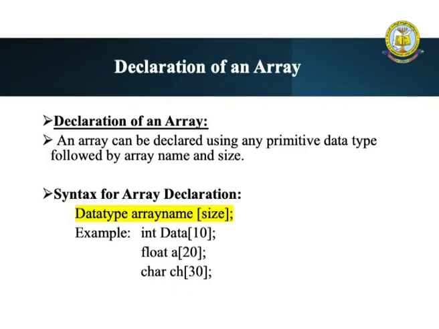In the same way, we can take any primitive data type, any array name and the size. As we have seen here, float is the data type and A is my array name, and I want to store 20 decimal numbers, so that is the size I have given.